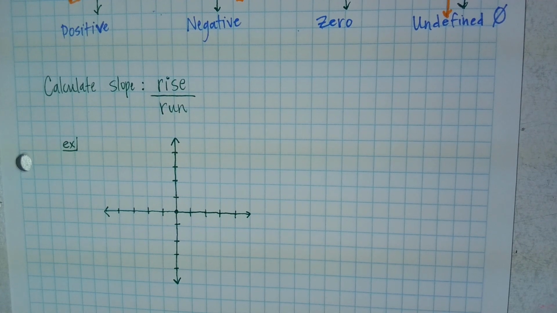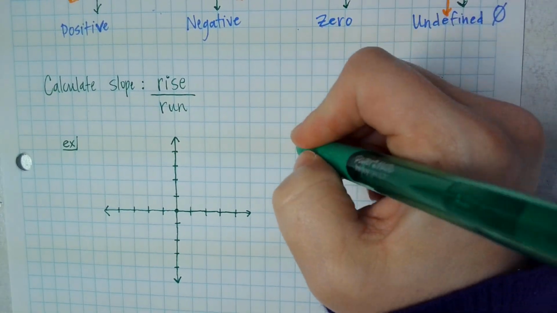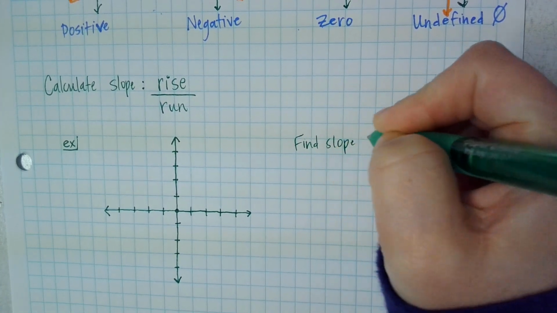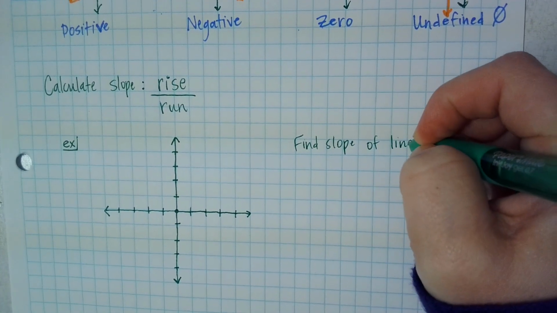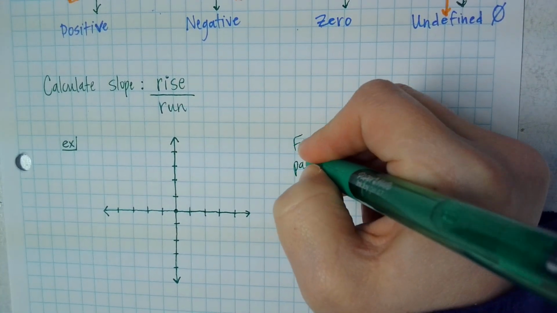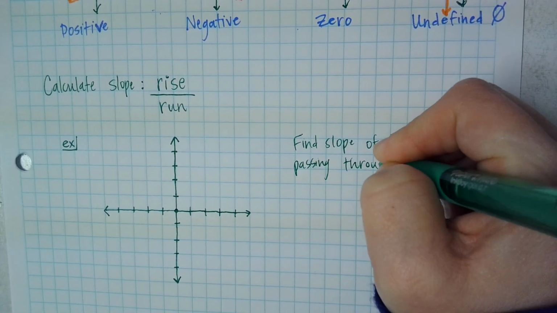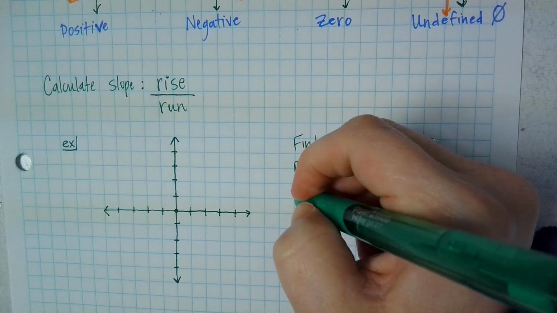Alright. Here we go. So let's do this. We're going to calculate the slope, find slope of line passing through, and then I'm going to give us a location with points.